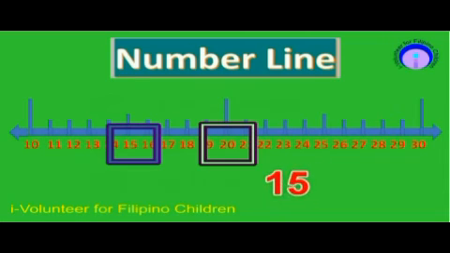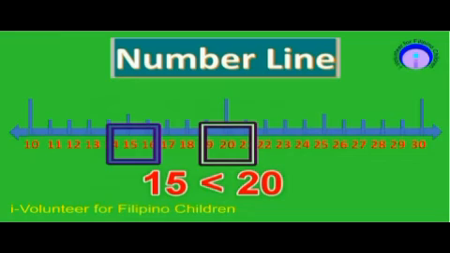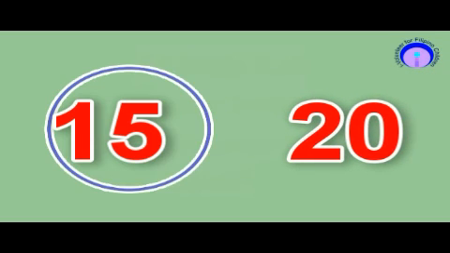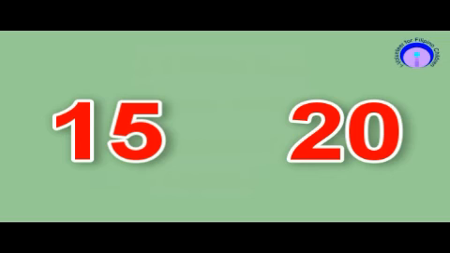That's correct. 15 is less than 20. Kapag pinaghahambing natin ang dalawang bilang at mas maliit ang nasa una, ang less than sign ang ating gagamitin. This is read as 15 is less than 20. I repeat, 15 is less than 20.